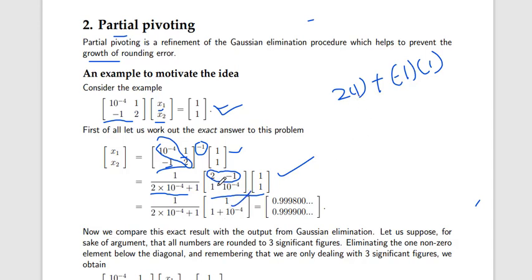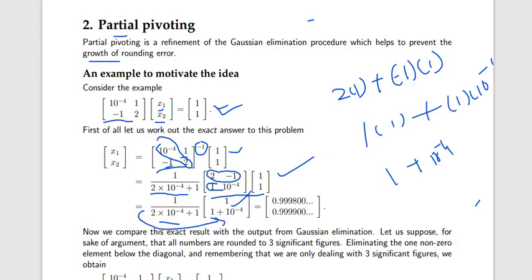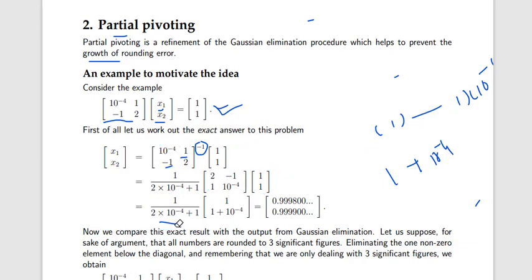Then second row and first column, 1 into 1 plus 1 into 10 raised to minus 4. So we get 1 plus 10 raised to minus 4, and after this the scalar quantity remains in the multiplication of the matrix, and we get the answer x1, x2 equal to 0.999, 0.999. So this is A inverse with the help of b.